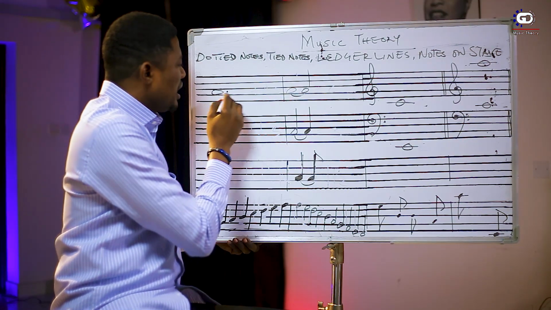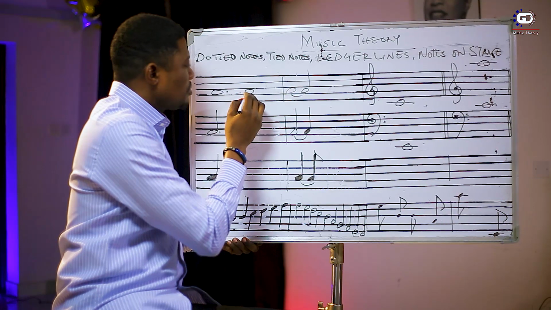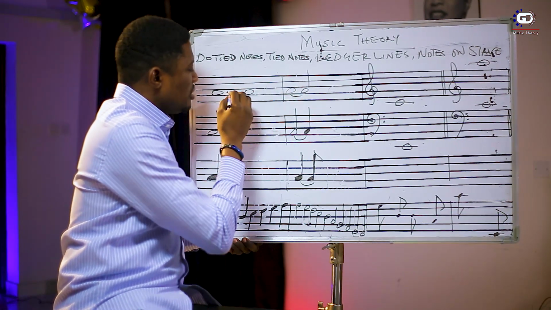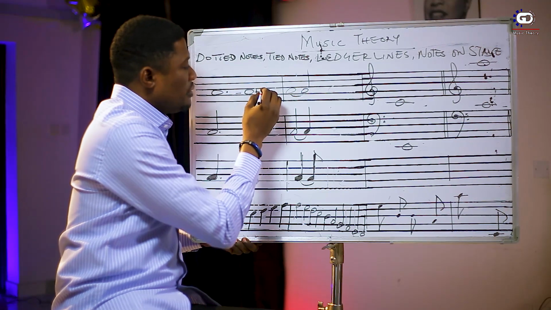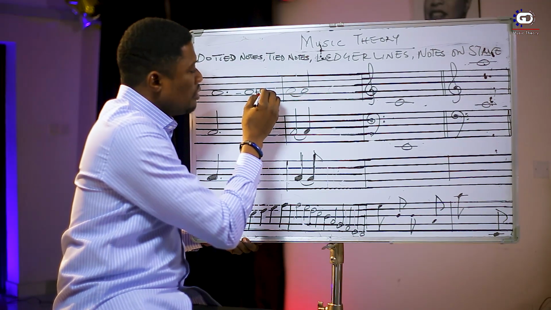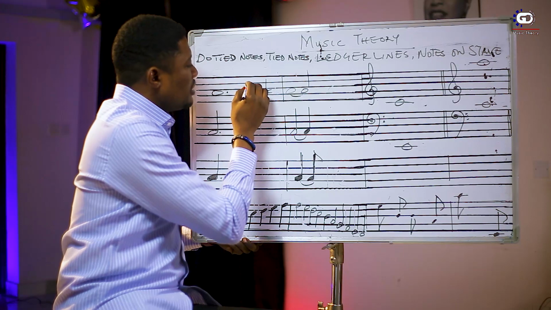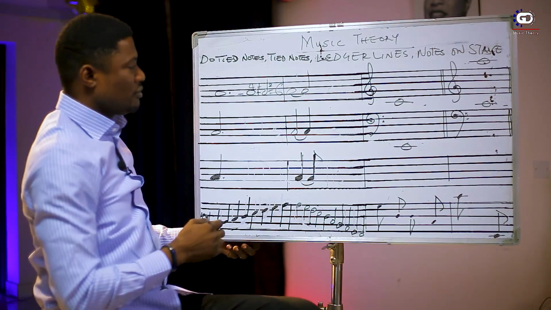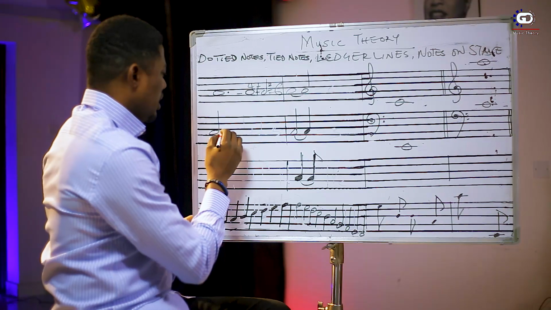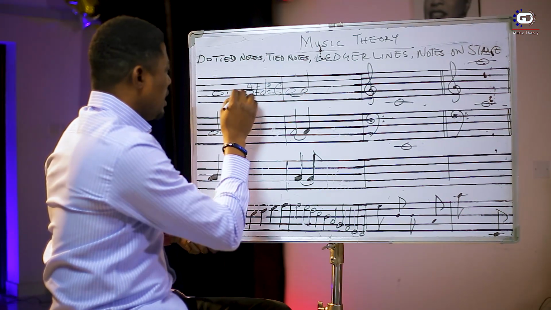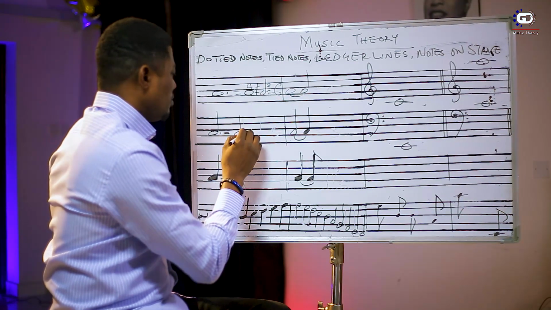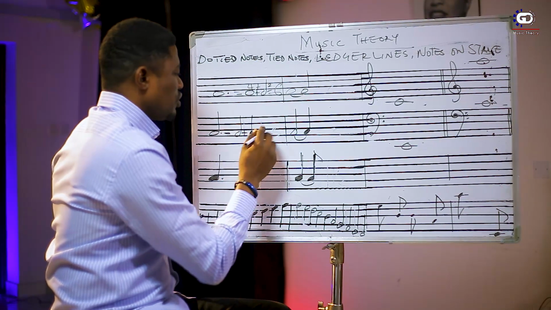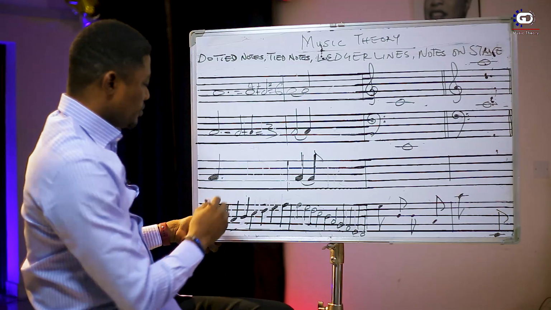So for instance, here you have your semibreve, then the dot is actually half of the semibreve, which is your minim. So this gives you 4 plus 2, and that gives you 6, right? Also here you have a minim plus half of a minim, which is a crotchet. 2 plus 1 gives you 3.